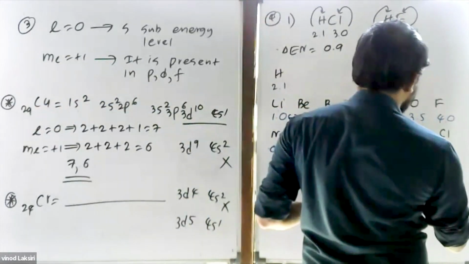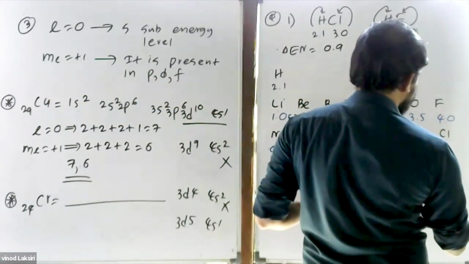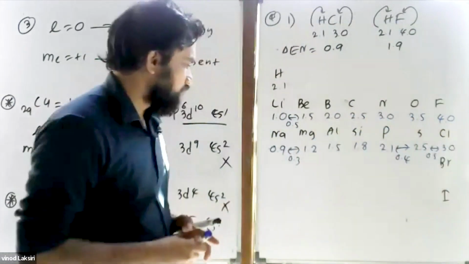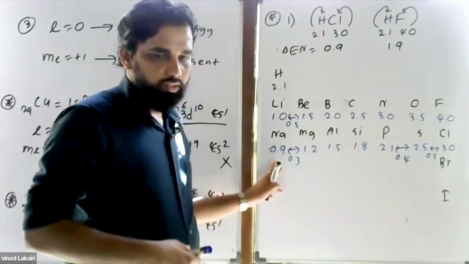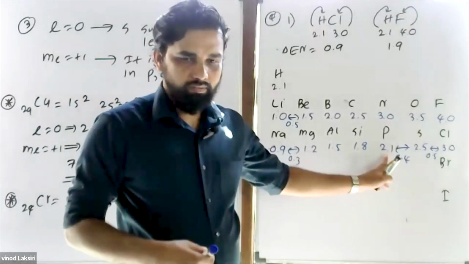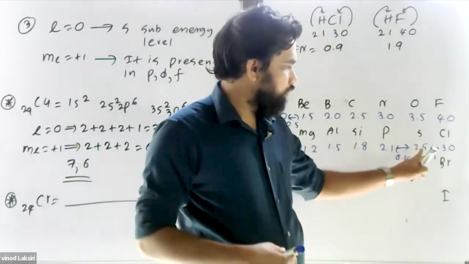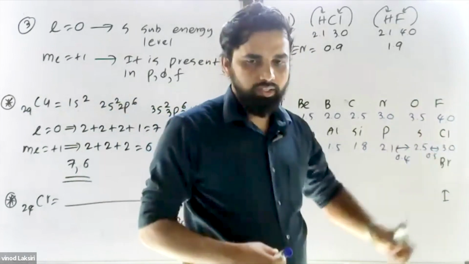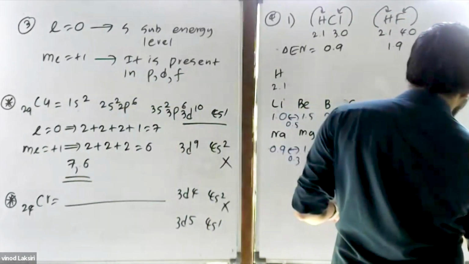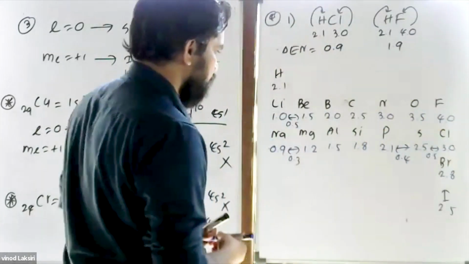That means here 2.5, and here again increases by 0.5, that is 3. You understand? Sodium 0.9, it increases by 0.3 up to phosphorus. Then here increases by 0.4, then increases by 0.5. Then bromine 2.8, iodine 2.5. These things you have to remember, right?